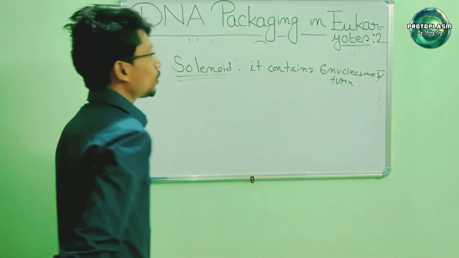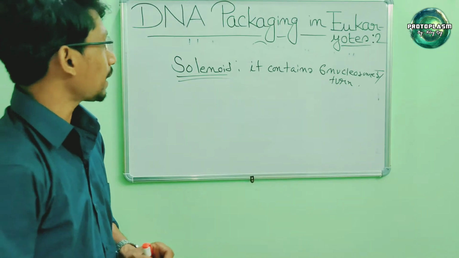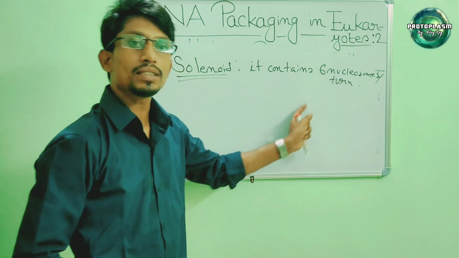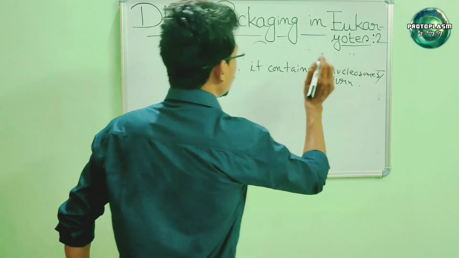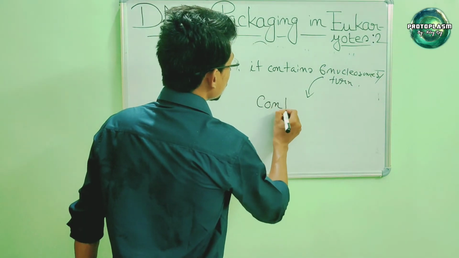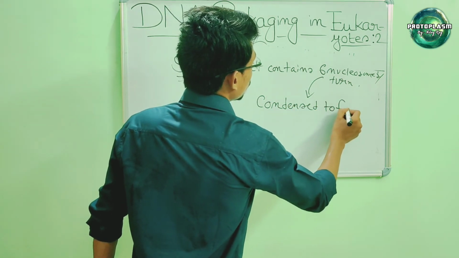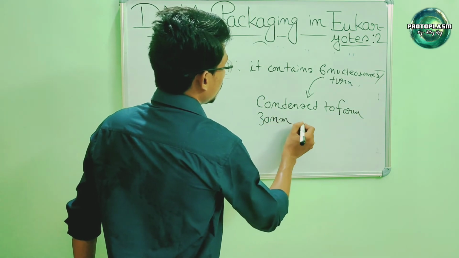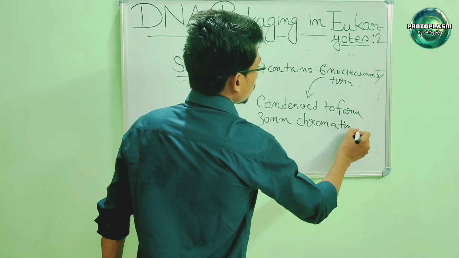There are 2 models for the chromatin structure: one is the solenoid model, another one is the zigzag model. So remember that each solenoid contains 6 nucleosomes per turn. And again these nucleosome structures, which are 11 nanometer long, are condensed to form a 30 nanometer chromatin fiber.